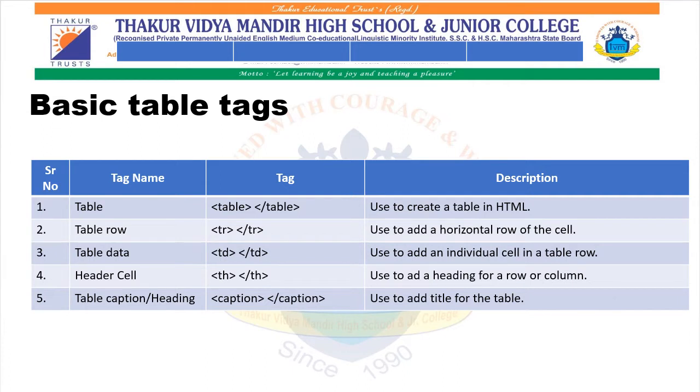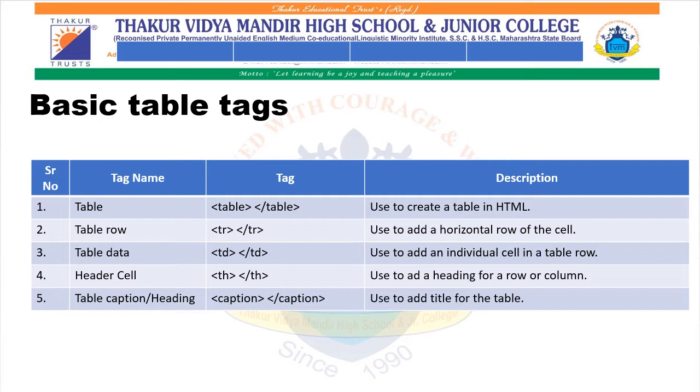Second is the table row. The tag here is tr, open tr tag and close tr tag. The description is, the tr tag is used to add a horizontal row in a table.